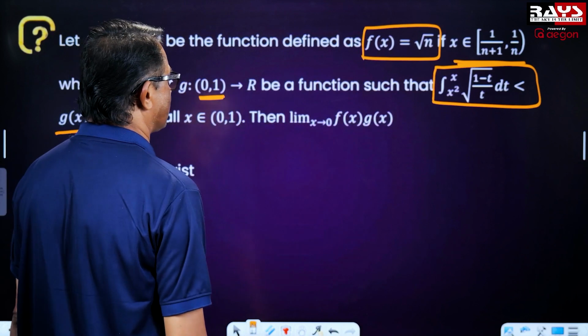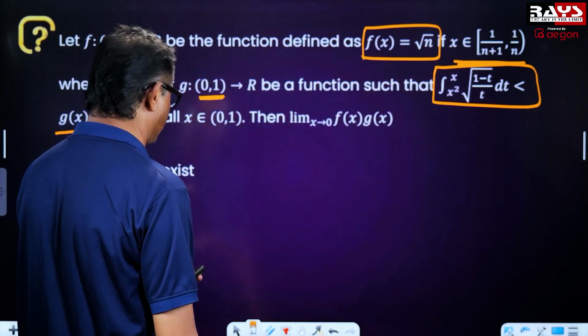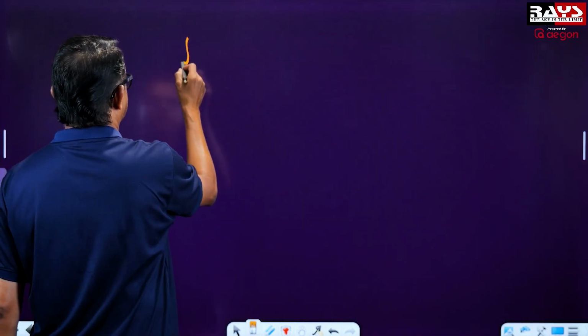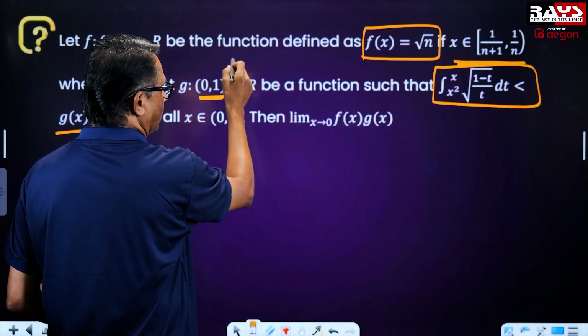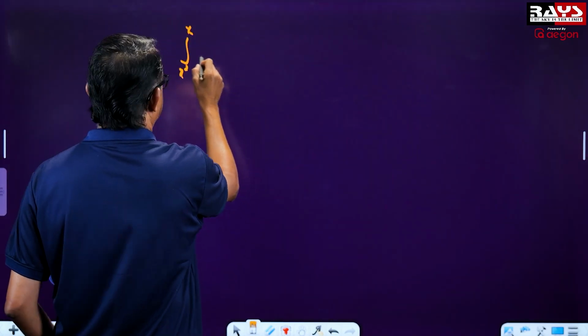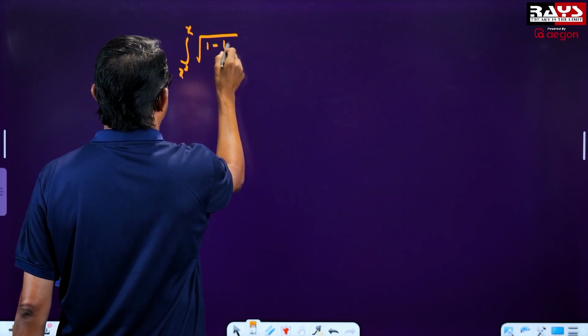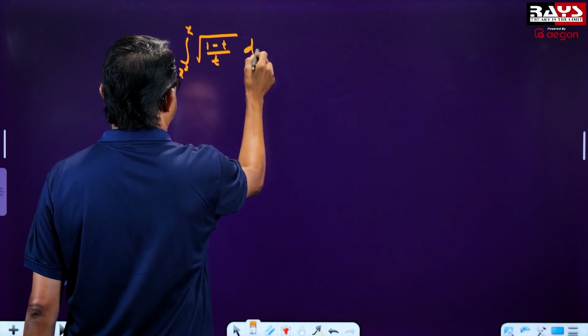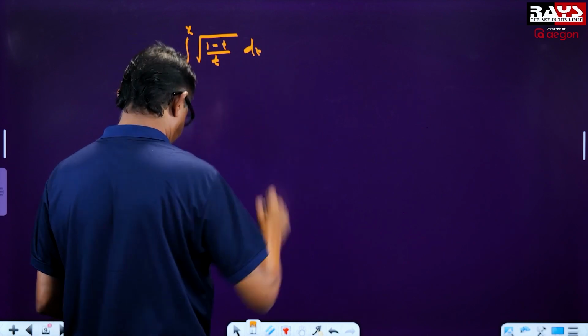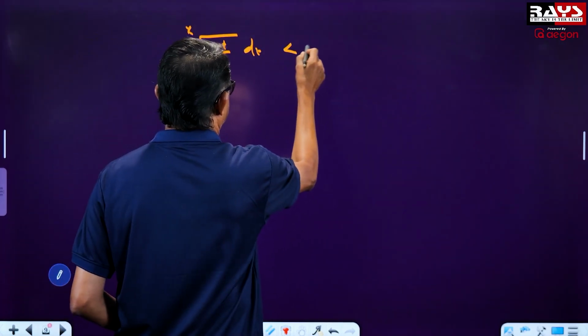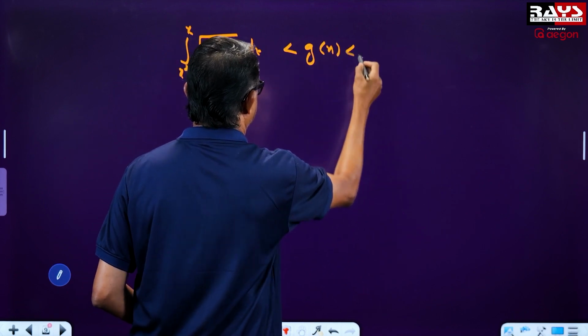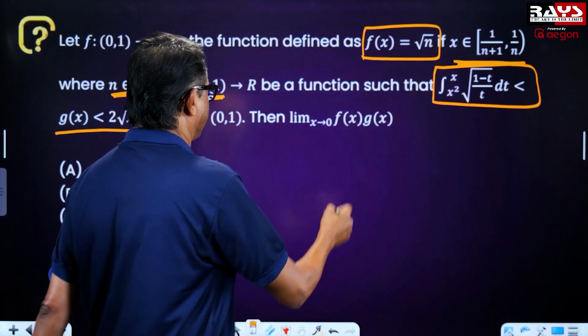So the integral from x square to x of root of 1 minus t by t dt is less than g of x, less than 2 root x.